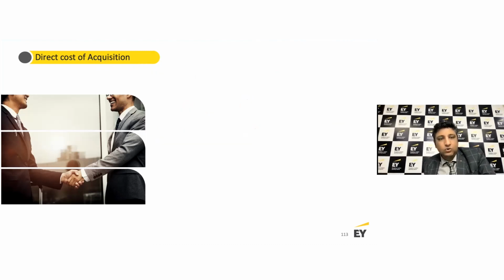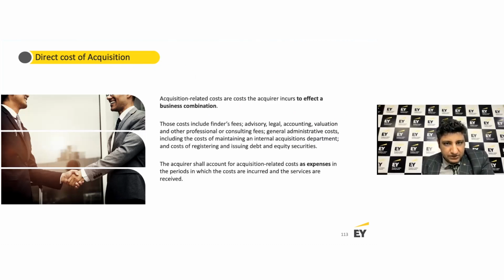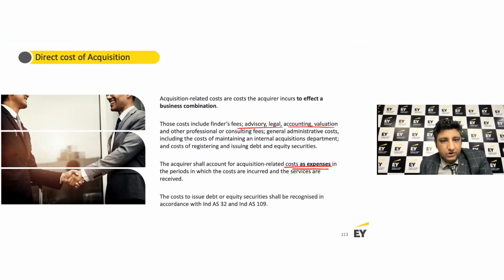But the key note that you want to bring along is that all direct costs of acquisitions, with respect to advisory, legal, accounting, valuation, etc., these are all charged to the statement of profit or loss. Any cost of issuing debt or equity, as we said, should be measured and recognized under the principles of financial instruments.